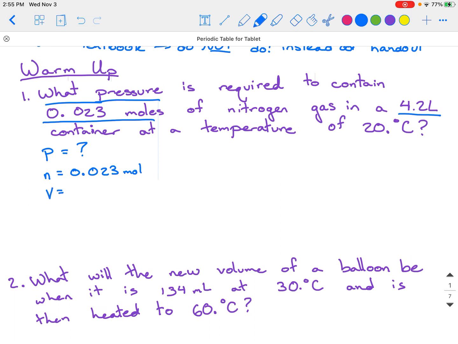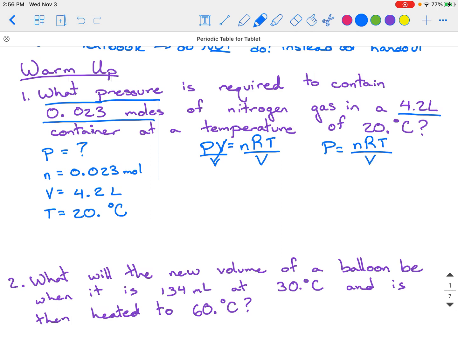Liters is a volume, so volume equals 4.2 liters, at a temperature of 20 degrees Celsius. We'll be working with the equation PV equals nRT. To get P by itself, we'll divide both sides by V, giving us P equals nRT divided by V.